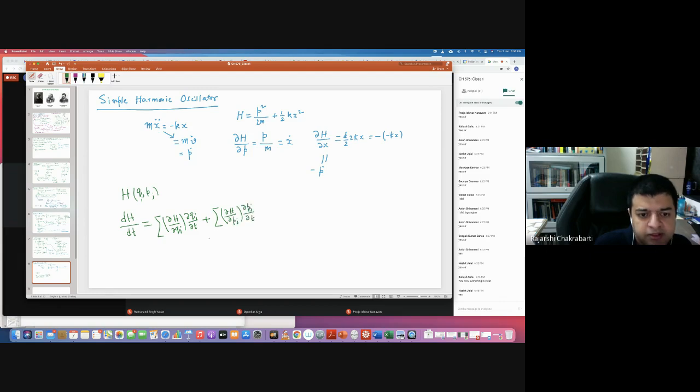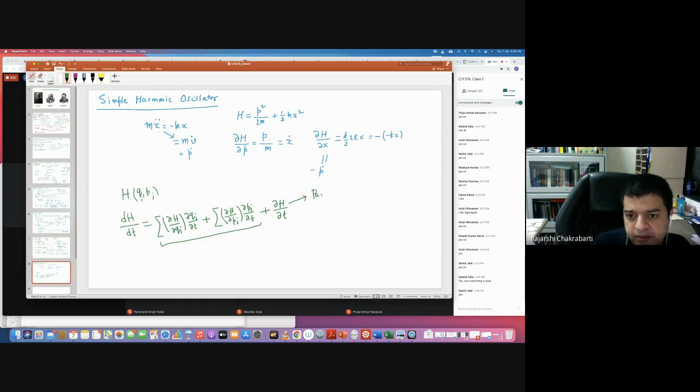Now this part is, by changing position or momentum, what is the change in the Hamiltonian? Plus there will be a partial derivative of H with respect to time. This is a partial derivative.